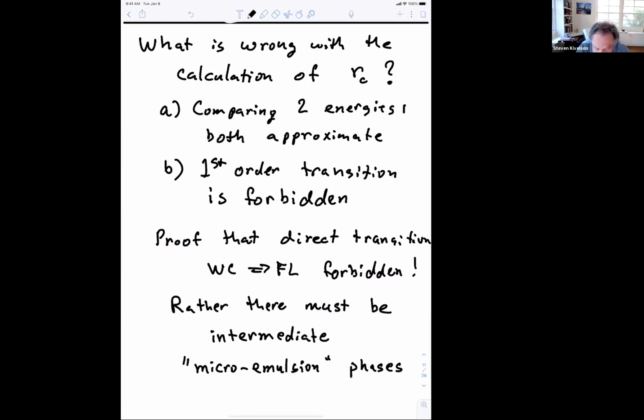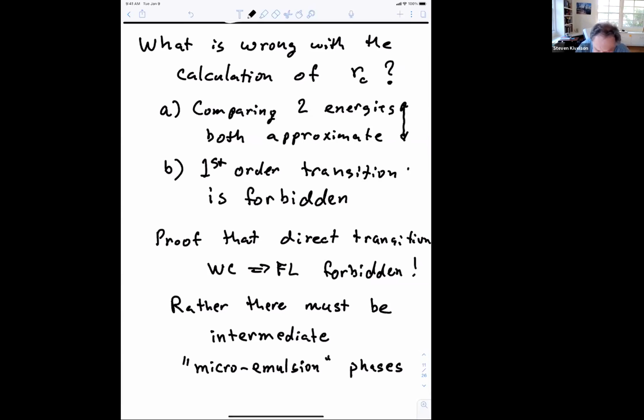So the first is that this comes from comparing 2 energies and asking when they cross. And of course, it can't be more quantitatively correct than the energy of the worst of these states. And for instance, we don't really know what the magnetism is on either side of this phase transition. So there should be some quantitative uncertainty about these.